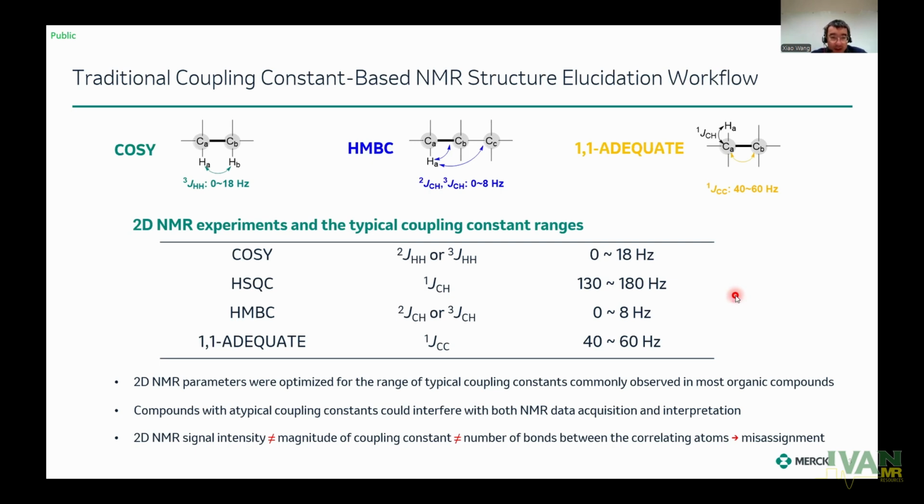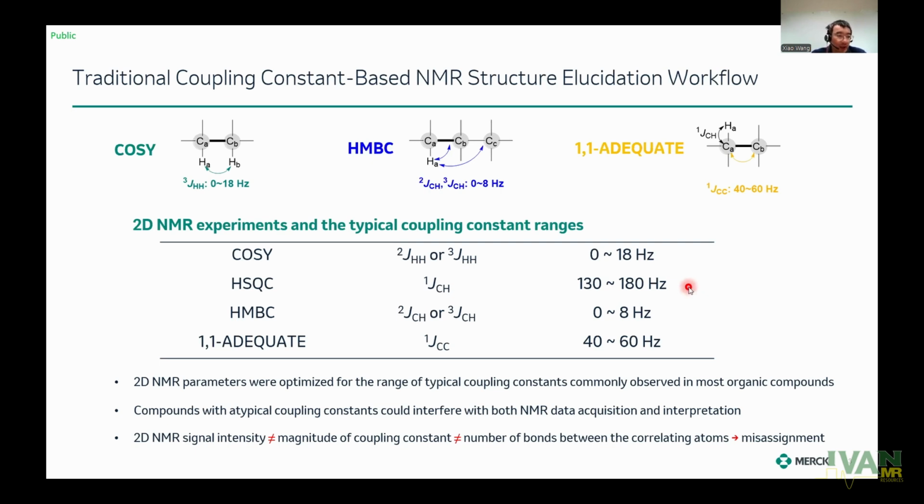commonly observed in organic molecules. This coupling constant range has been extensively studied for decades, and we all have a pretty good sense of the correlation between the magnitude of the coupling constant and the structures.